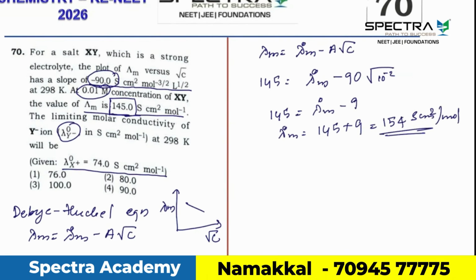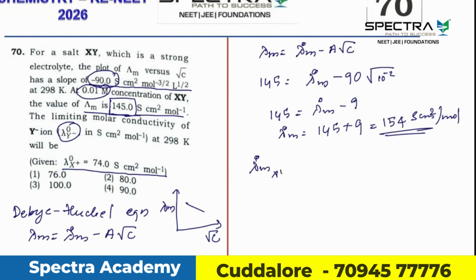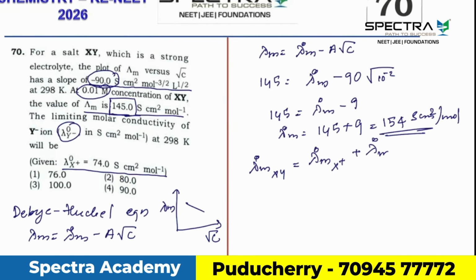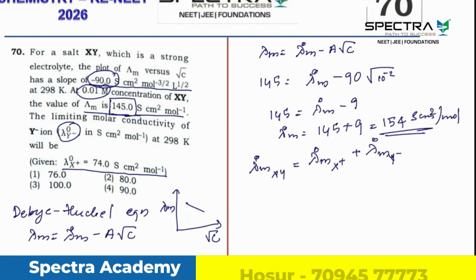So if you get the limiting molar conductivity of an electrolyte, according to Kohlrausch's law, the limiting molar conductivity of an electrolyte will be the sum of the limiting molar conductivities of all the individual ions present in that electrolyte. So we can substitute in this equation.